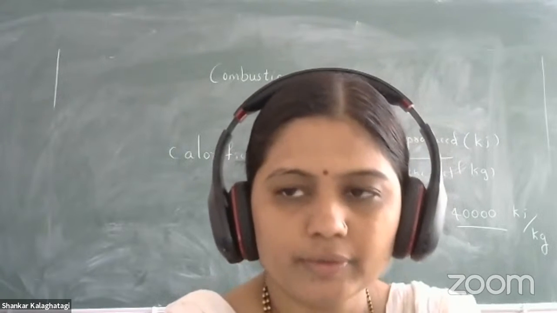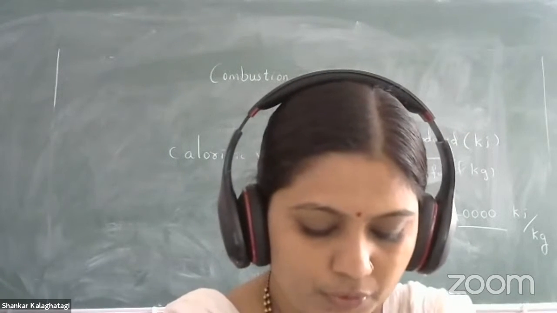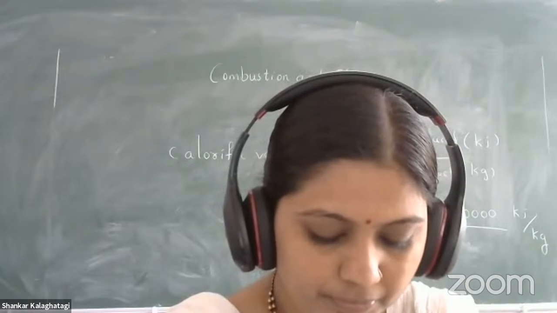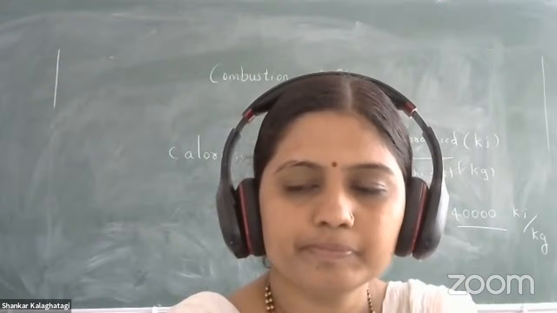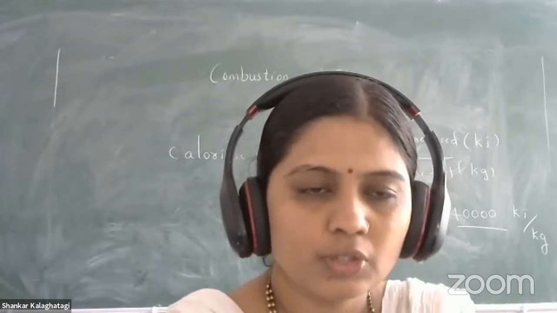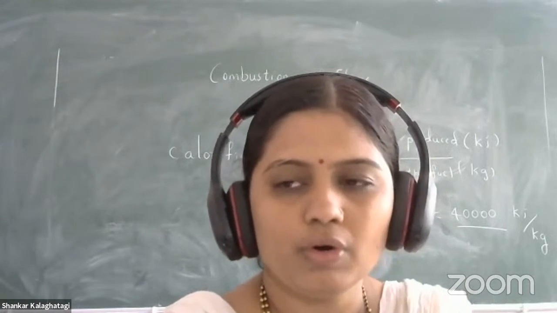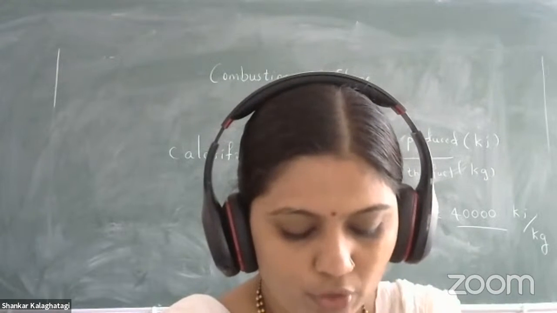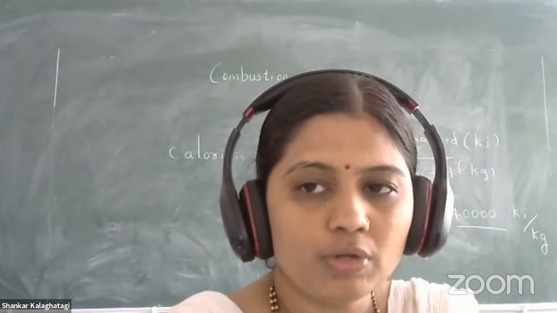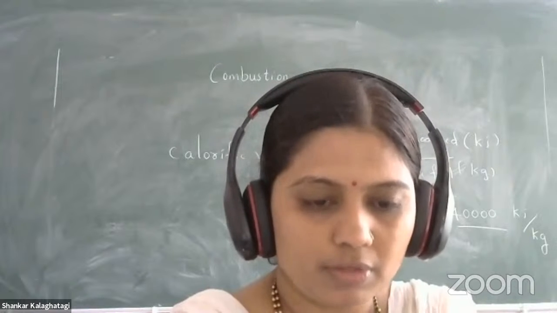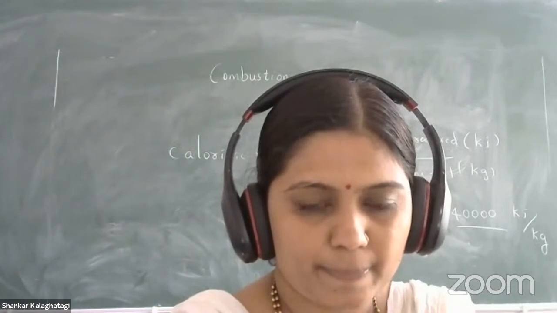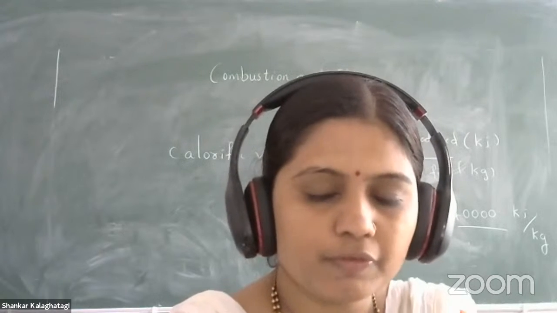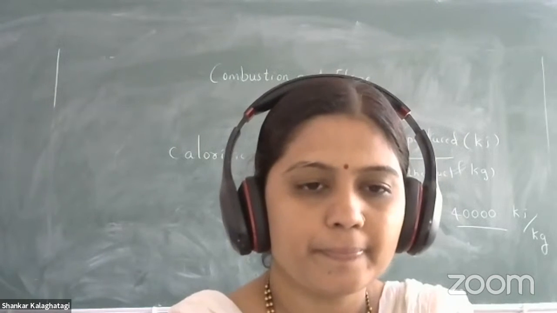Then table 10.3, all of you see there. What are the solid fuels? Coal, charcoal, wood. Write in your textbook. How many of you have not completed? Coal, charcoal, wood are solid fuels. Come to the liquid fuels. Kerosene oil, petrol, diesel.